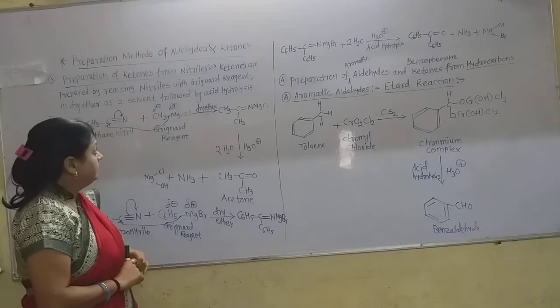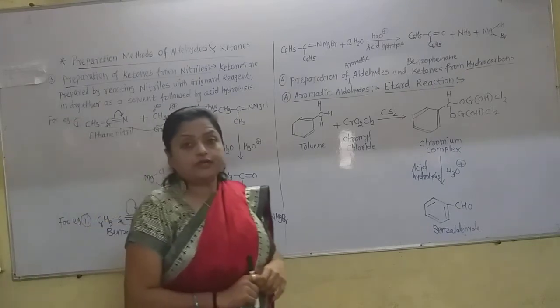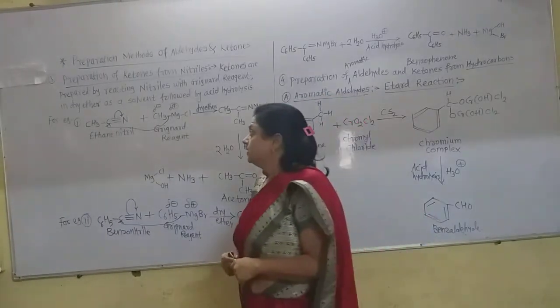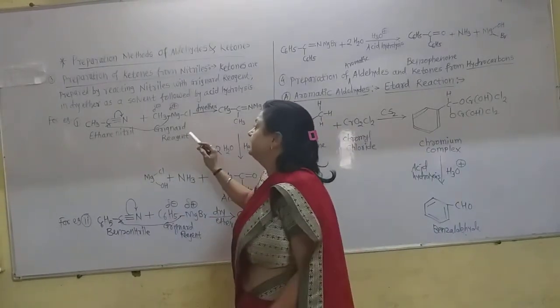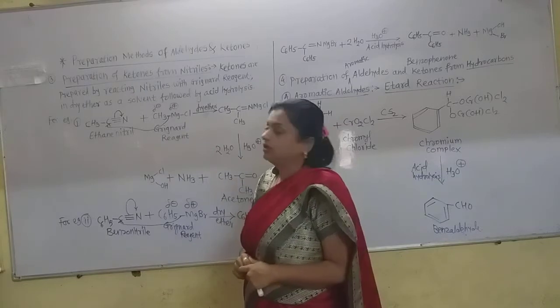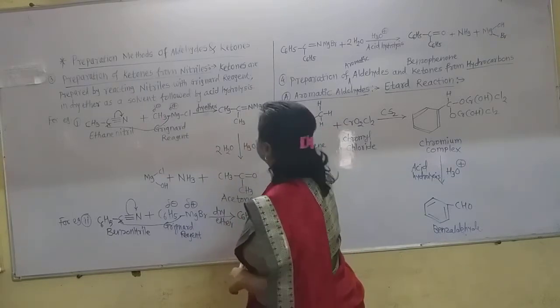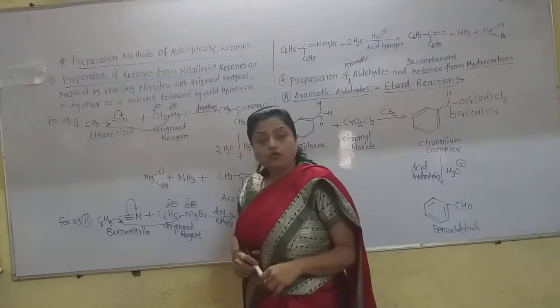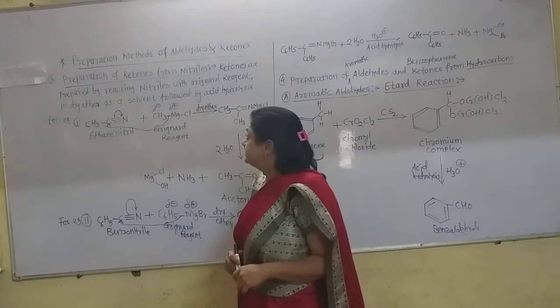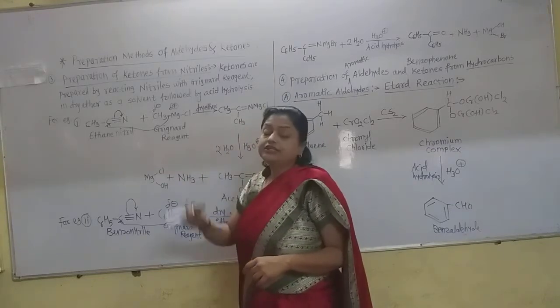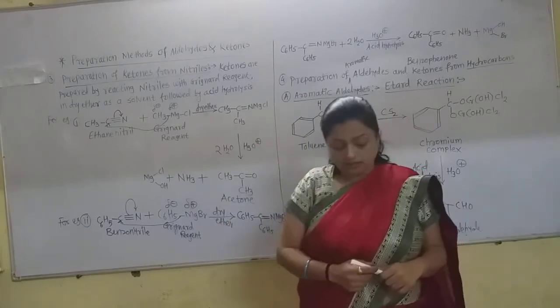In preparation of ketone from nitriles we have to use the Grignard reagent, and in this reaction dry ether is used as a solvent.